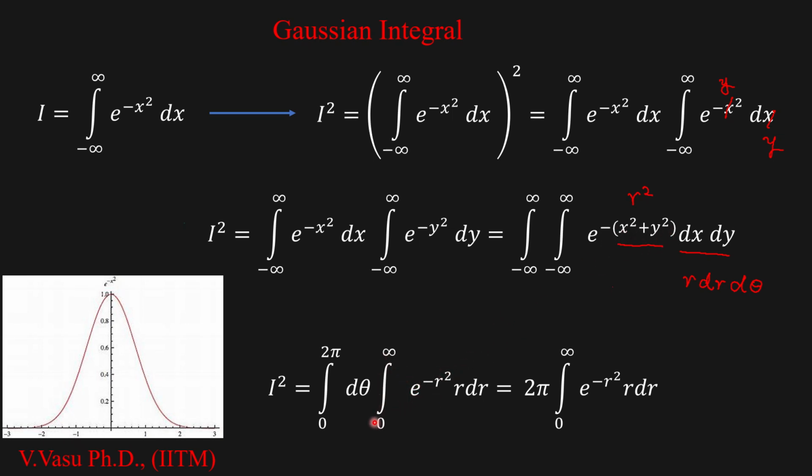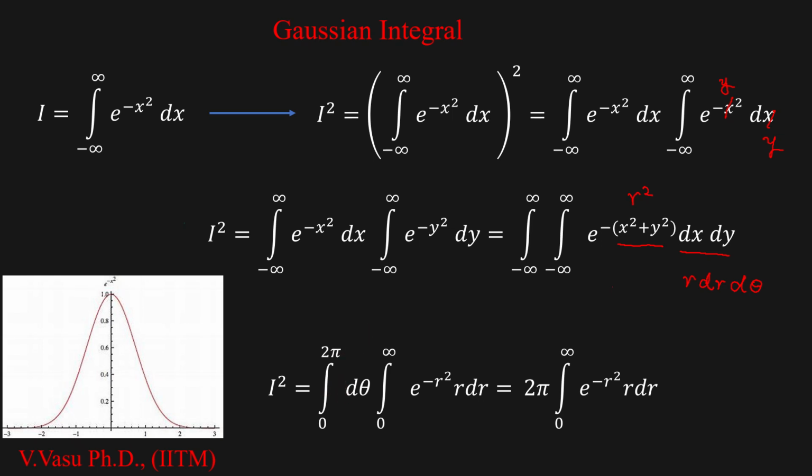That is the integral from 0 to infinity of e to the power minus r squared r dr, and d theta is the integral from 0 to 2 pi. Here r varies from 0 to infinity and theta varies from 0 to 2 pi.